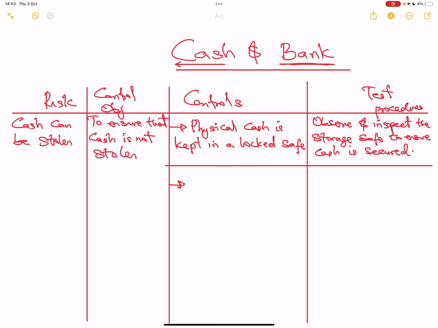Another control that can help us prevent theft of cash is to ensure that we perform regular bank reconciliation for the money in the bank. So for the cash, all we need to do is keep it locked up.